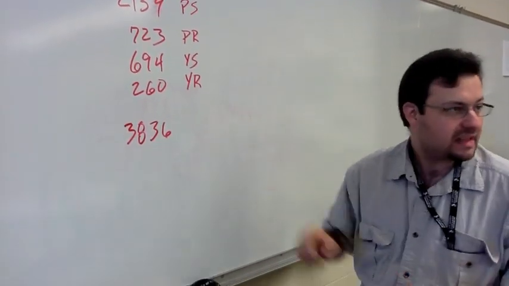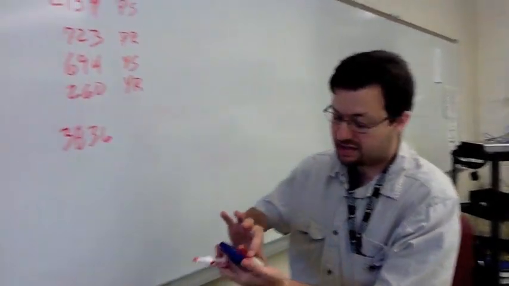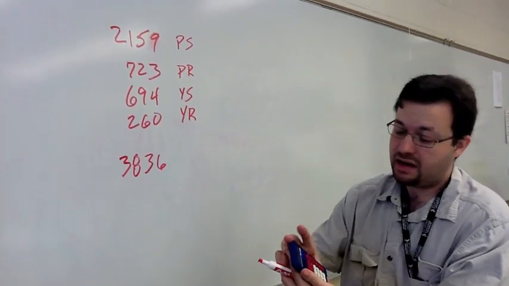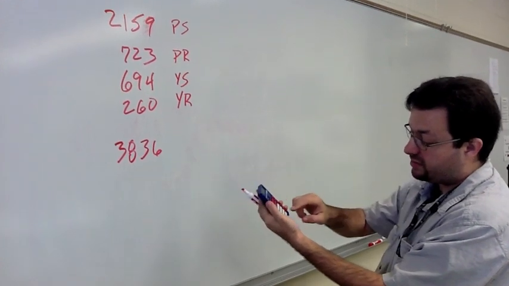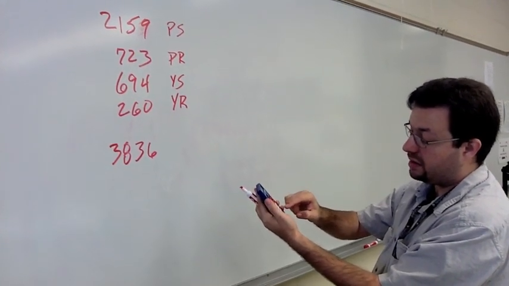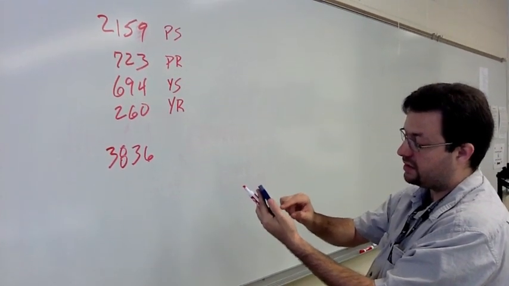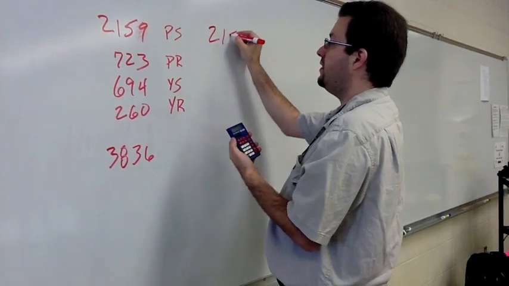You take this total number, and you're looking for a 9 to 3 to 3 to 1 ratio. So you take 9 divided by 16, because that's how many squares you have, and you get 0.56. Then you multiply it by your total number, 3836, which gives you 2158.